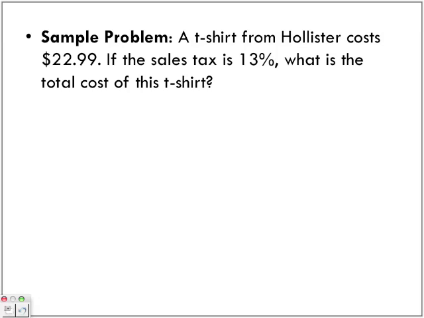My word of advice: read the word problem once, completely. The second time you read it, try to pull out information. What's the first bit of information that comes up in the first line? Hollister shirt costs $22. Exactly. So, original price is equal to $22.99.